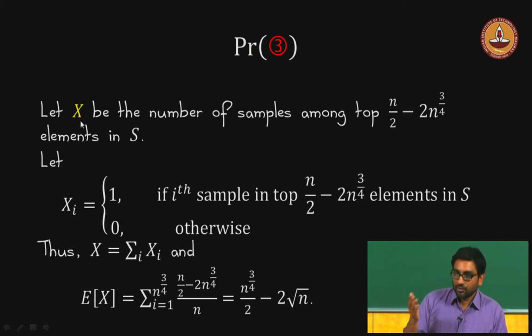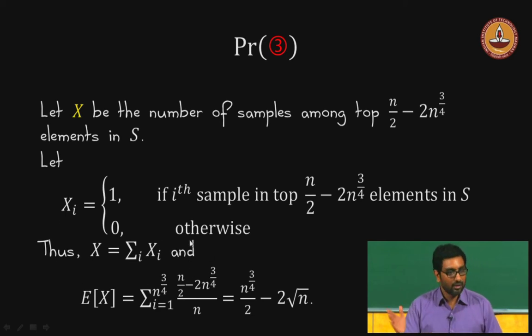So, now again you define a random variable, you break it into its components. So, xi is 1 if the ith sample is meeting the requirement of X, otherwise it is 0. So, this part should be obvious to you. Our capital X is simply the summation of the individual xi's.